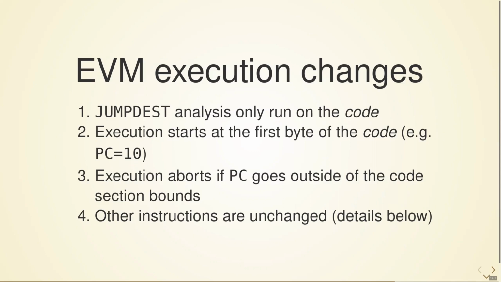And there are many other use cases. One other use case is factory contracts. If I remember correctly, something like Gnosis Safe has a factory contract, which is basically a contract that creates new contracts.